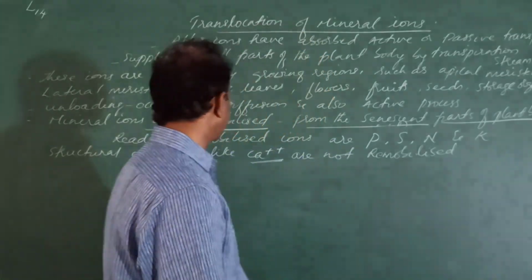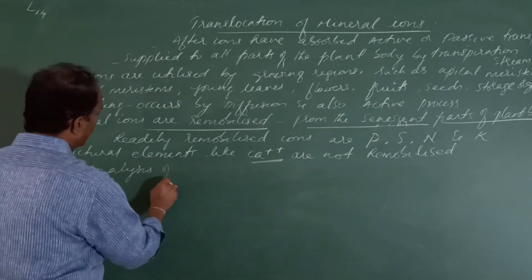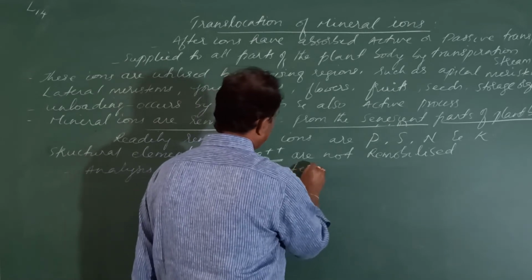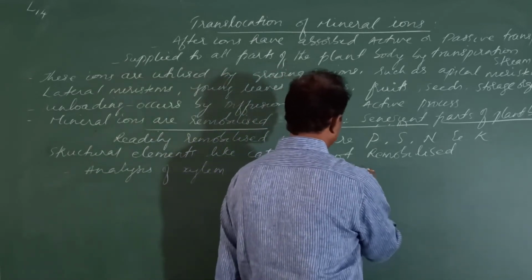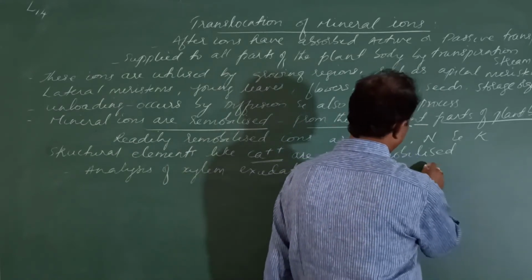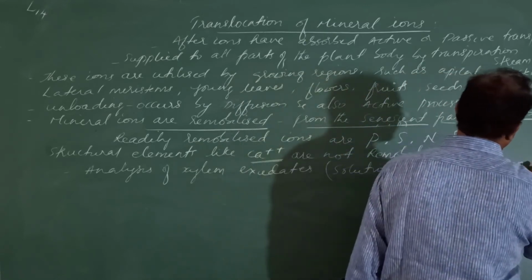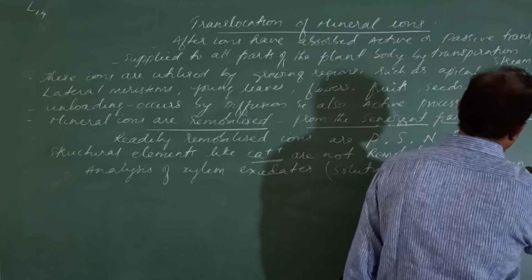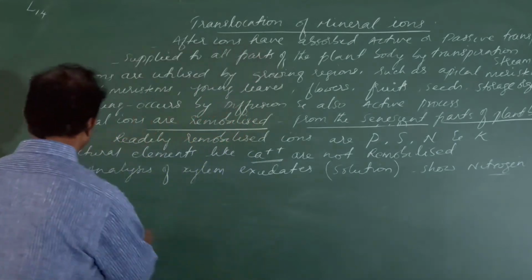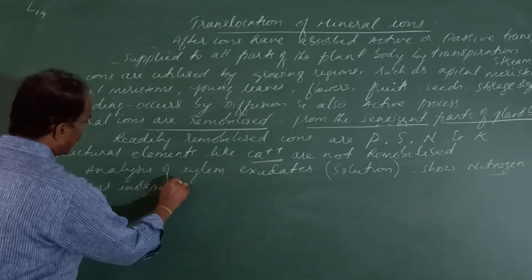When we analyze the xylem exudate, the solution that is coming out of the xylem shows nitrogen. And this nitrogen is present in the form of what? In the inorganic form.